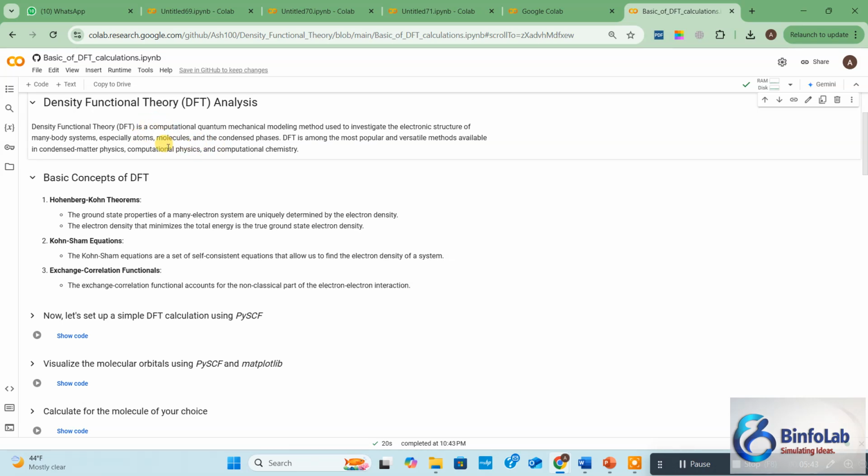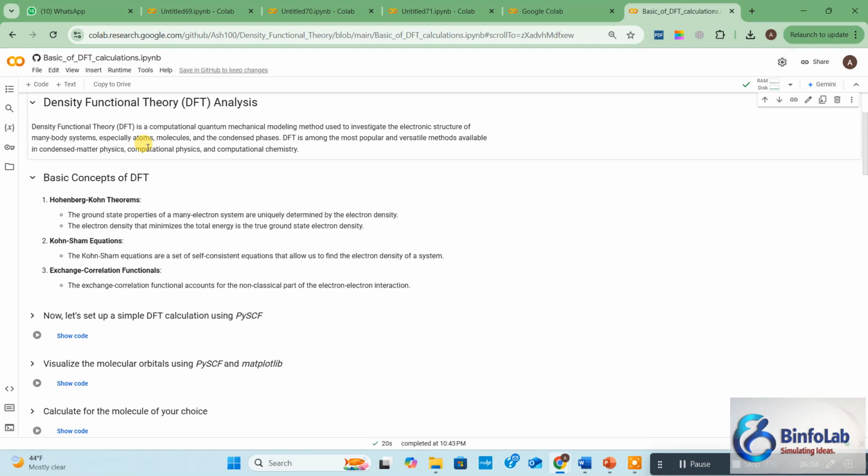So we call it a many body system, and DFT is among the most versatile methods, and it's one of the most reputable methods in computational chemistry and computational physics.